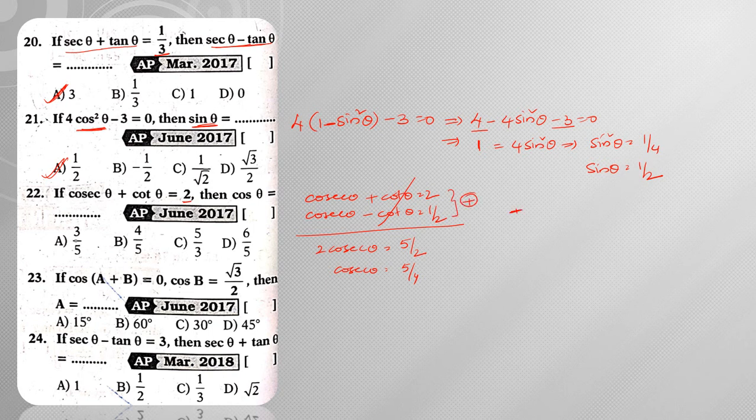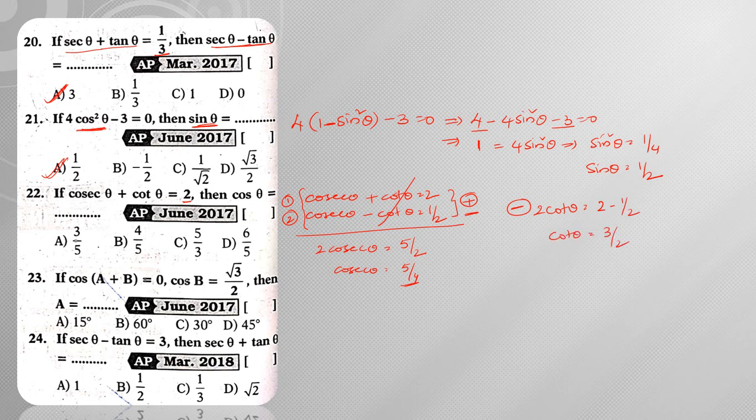The same way, if we do subtraction for these two equations, let this be equation number 1 and let this be equation number 2, right? If addition is done, you get cosecant theta. If we do subtraction, you get 2 cot theta, which is equal to 2 minus 1 by 2, which is nothing but 3 by 2.